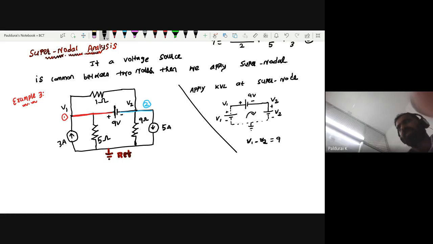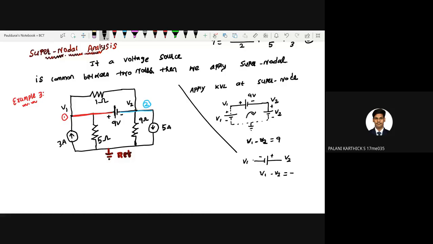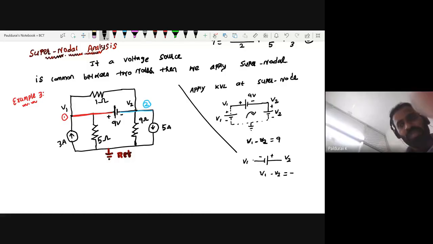equals 9. Suppose it is given the other way, what is my supernode equation? Anyone? V2 minus V1 is equal to 9. Otherwise V1 minus V2 equal to minus 9.